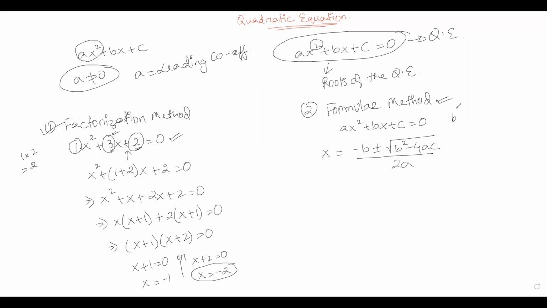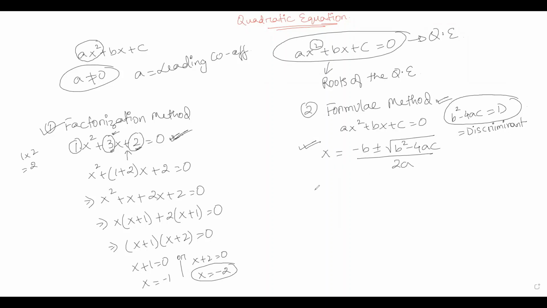This b square minus 4ac is called the discriminant, and generally we denote it by capital D. So the 2 roots of the quadratic equation can be simply found out by using this formula.